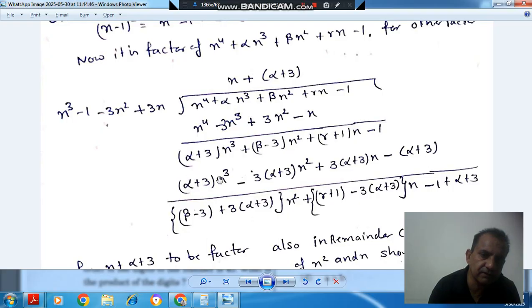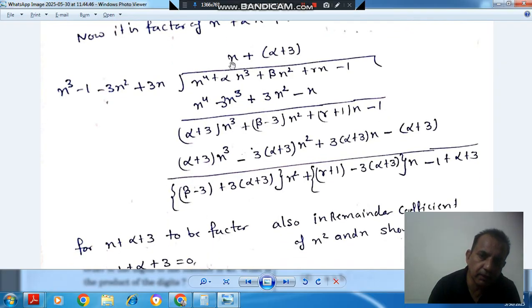So we subtract these, then it will be (beta minus 3 plus 3 (alpha plus 3)) x square, and this will be (gamma plus 1 minus 3 (alpha plus 3)) x, and this will be minus 1 plus alpha plus 3.